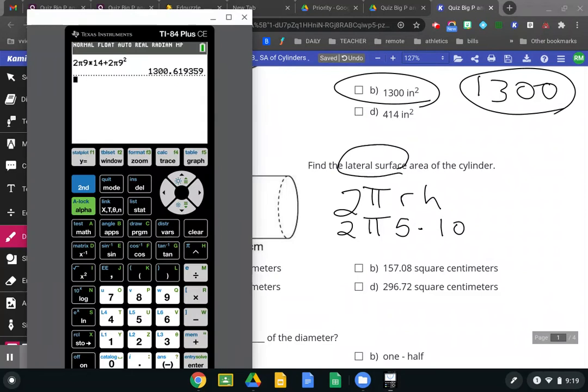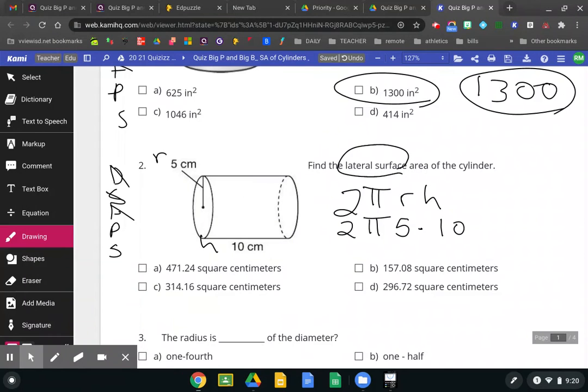Let's put that in your calculator. Enter, and it's 314.16. So that's number 2.